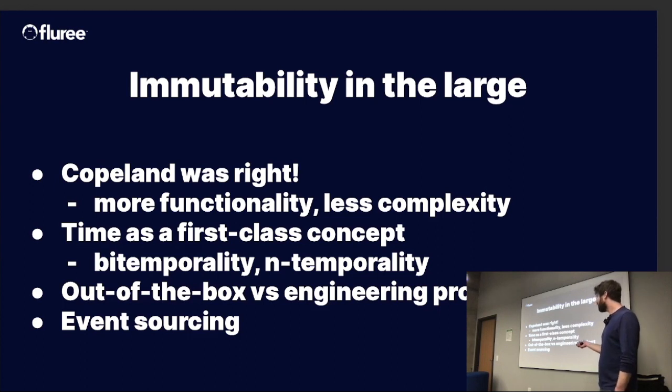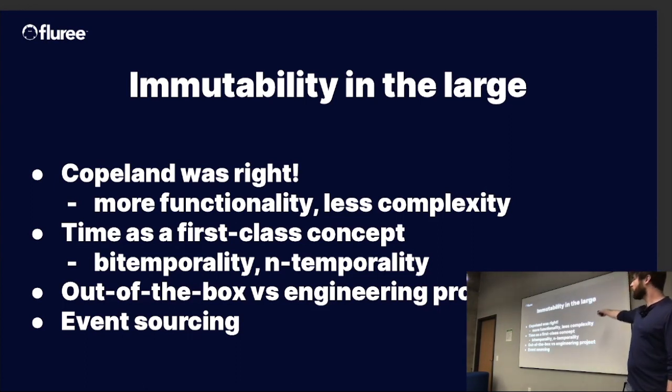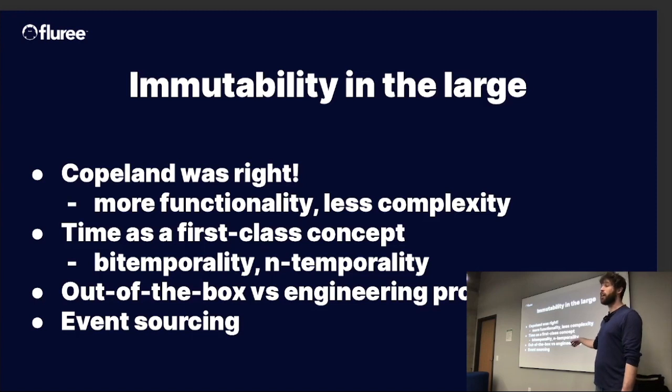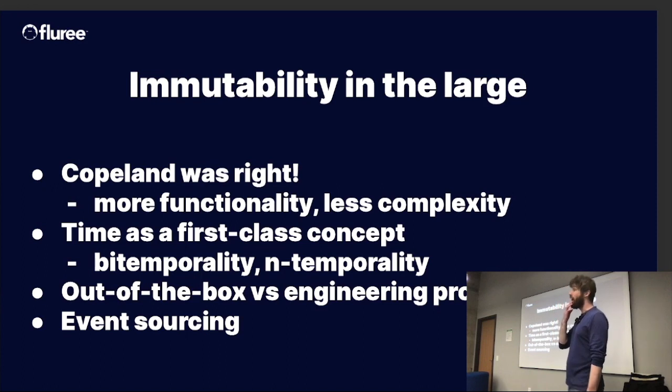But with an immutable database, you get a lot of functionality out of the box that right now is an engineering project. People want this sort of audit log, and they've got mutable databases, and they've figured out how to make it work. It's a lot of work, and if you screw it up, you lose important stuff.